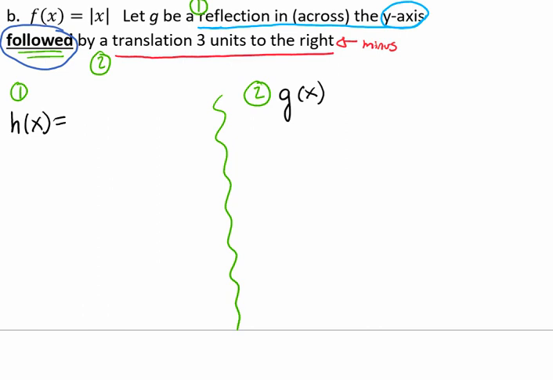So remember that a reflection across the y-axis means that our negative sign is going to go on the inside. So as we write this, we're going to have f of negative x.